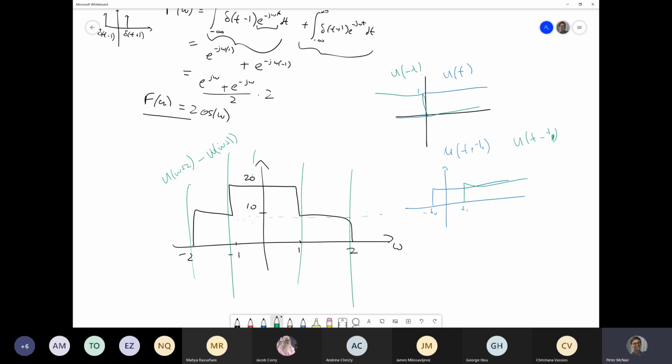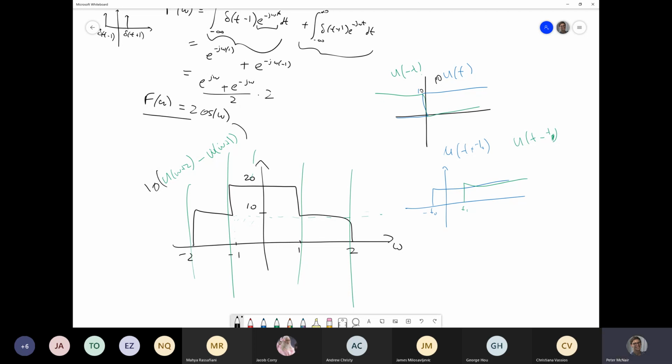And that's going to be multiplied by 10. That's like 10 times those, right? So if we had 10 u of t, it would just scale it up. Same difference in here.